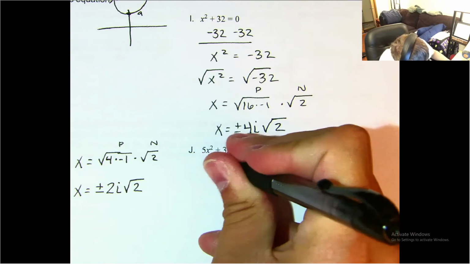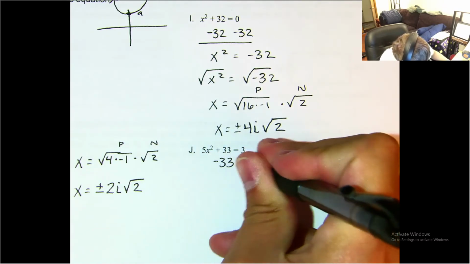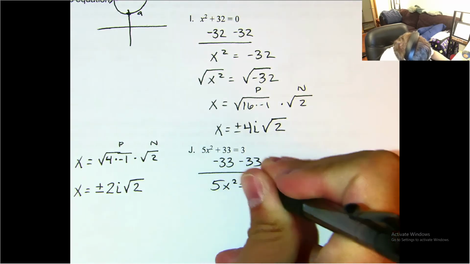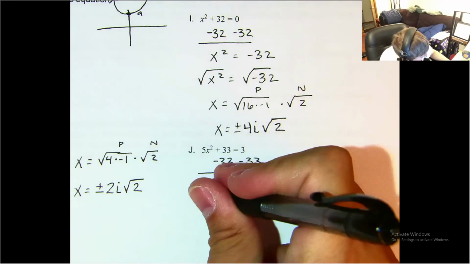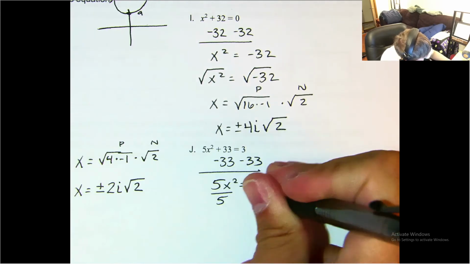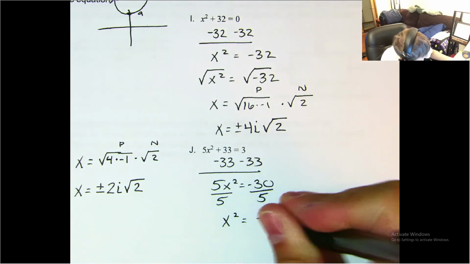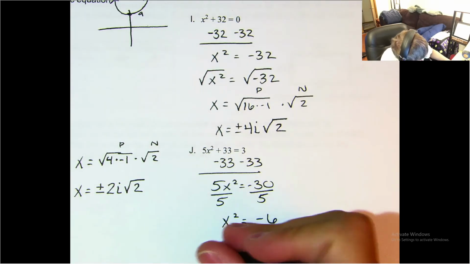Then we can subtract 33 on this one. We're just trying to get x squared by itself. To get 5x squared is equal to negative 30. Then we're going to divide by 5. x squared is equal to negative 6. Then I square root each side.